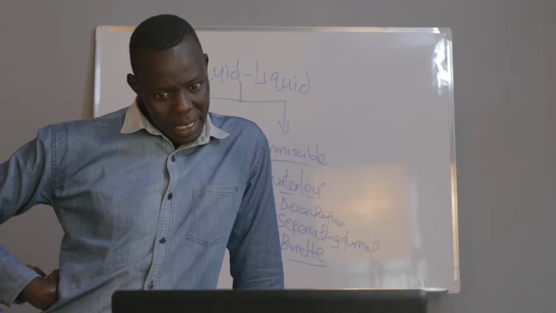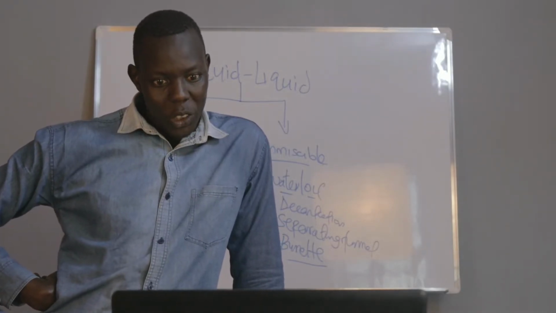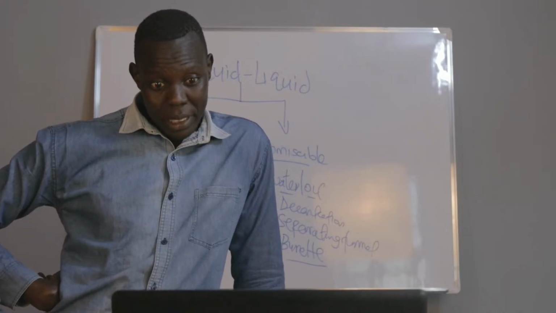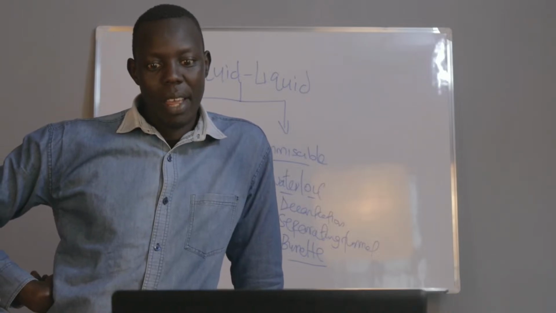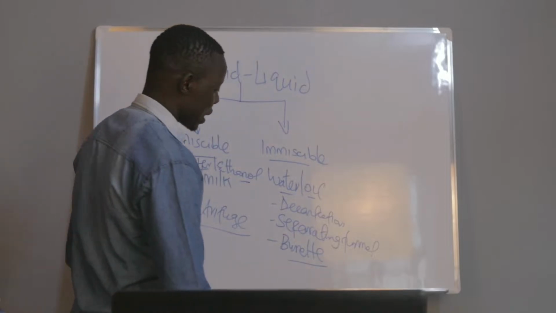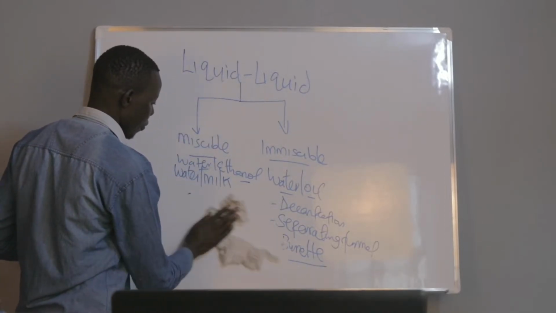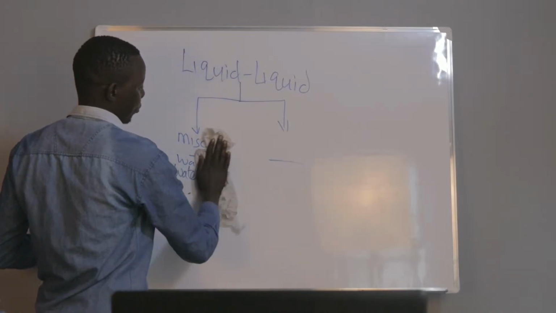Now, I want us to start one by one. The role of the thermometer, fractionating column, glass beads, Liebig condenser, then why in or during fractional distillation.